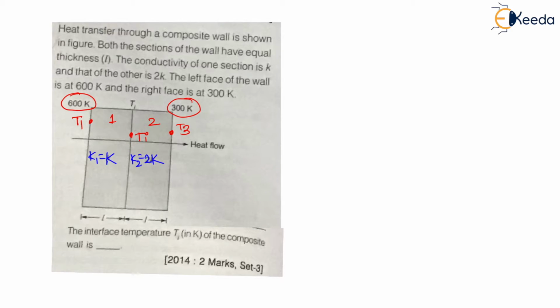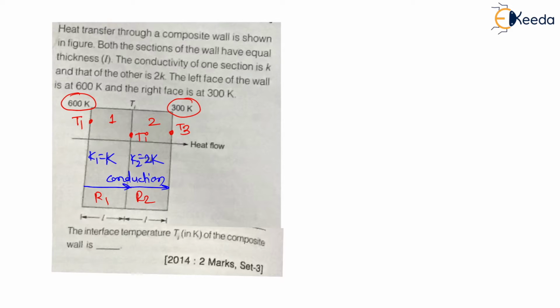Now my dear students, through this slab the heat is flowing towards the right. For steady state condition the heat transfer will always be the same at each and every location. Through the first slab there will be conduction, as well as through the second slab, therefore the mode of heat transfer is conduction only here. The first slab will offer resistance R1 and the second slab will offer resistance R2.